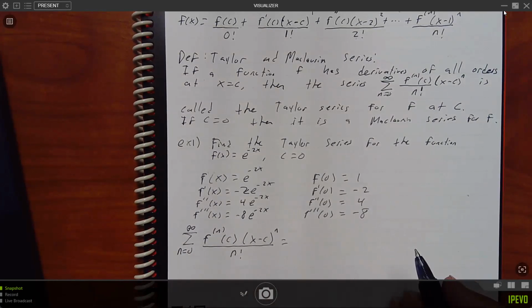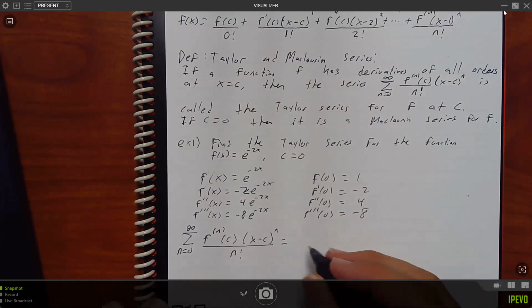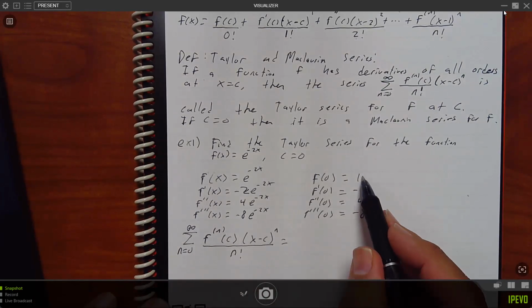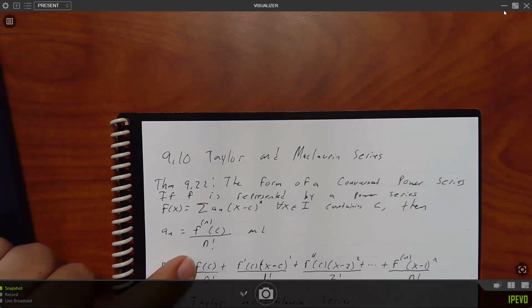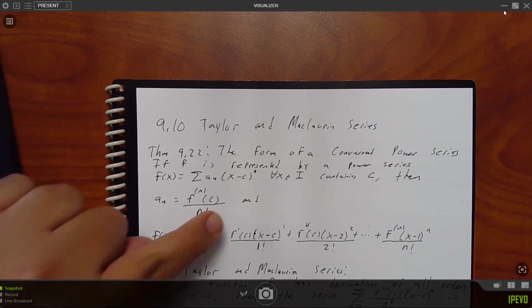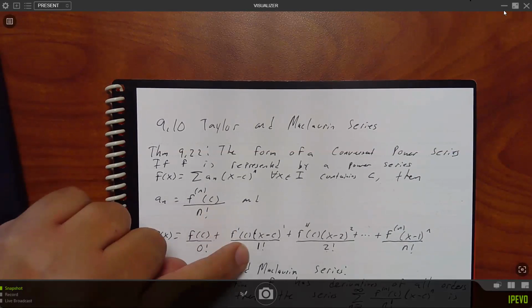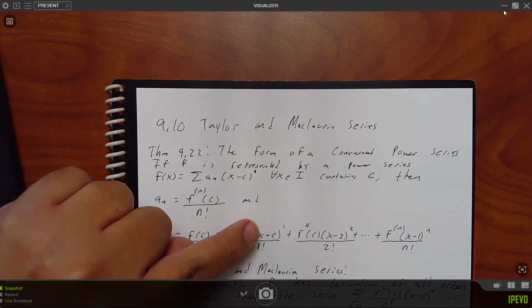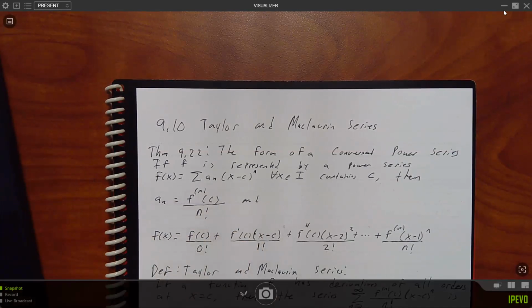Okay, so the formula says the first term will be f of c, right? Remember, the formula is f of c over 0 factorial. So that's going to be 1 over 1. This will be negative 2 over 1 factorial times x minus 0. So just go through it.